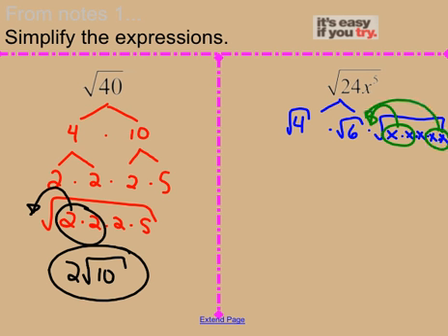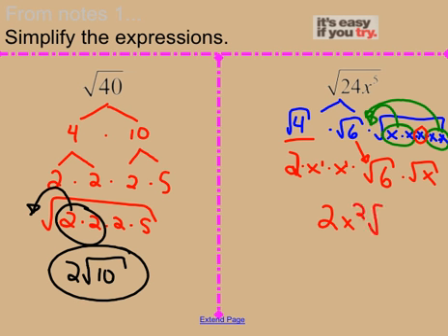So what I should be able to see is the square root of 4 is 2. I have 2 x's coming out front, so times x times the square root of 6. And then this x is still here, so times the square root of x. So the best answer here is 2x squared times the square root of 6x.